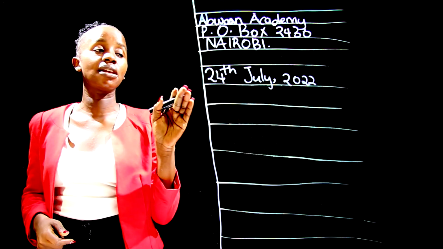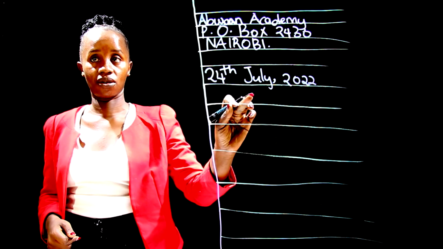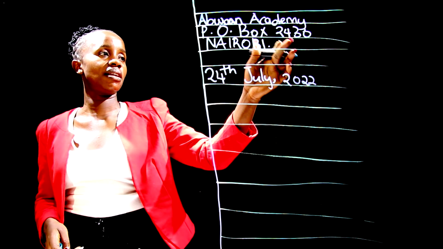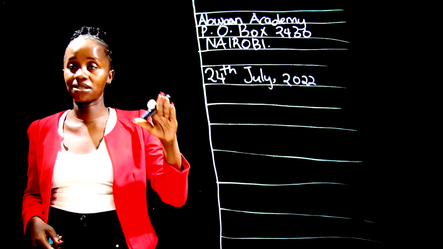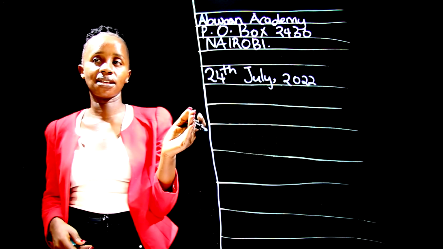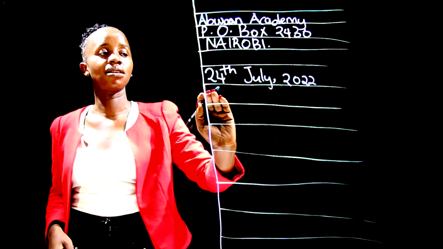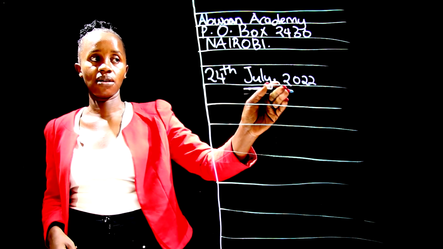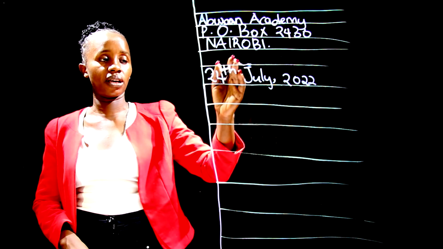The date is written in full and a comma follows after the month. So no punctuation here, no commas, no full stop, because this is just the block format. The only thing that you're allowed to punctuate is the name of the city and the date. This is not necessary, but if you want to, that's still very much okay.